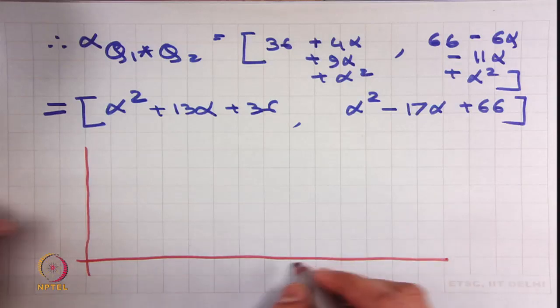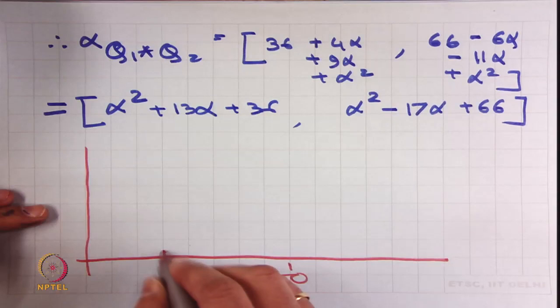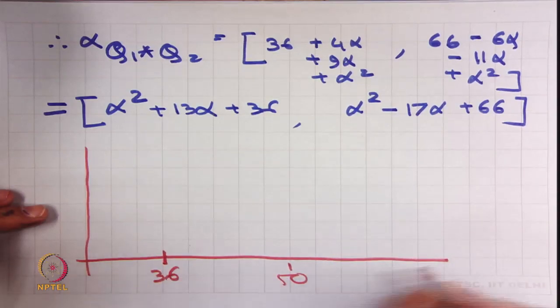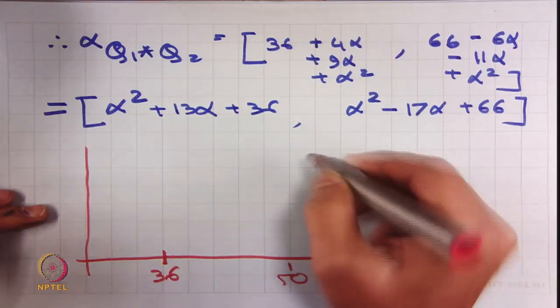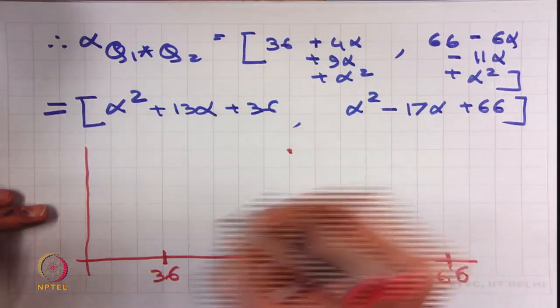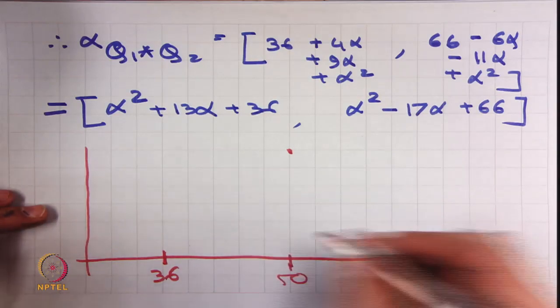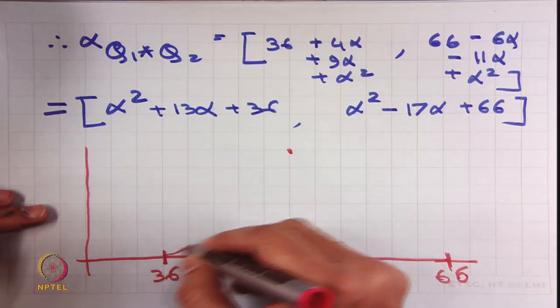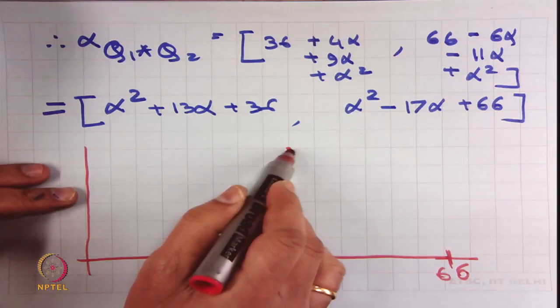Therefore, if we plot it, we get something like this. It appears like a triangular fuzzy number, but we know that it is not. In fact, it is going to be a quadratic equation.